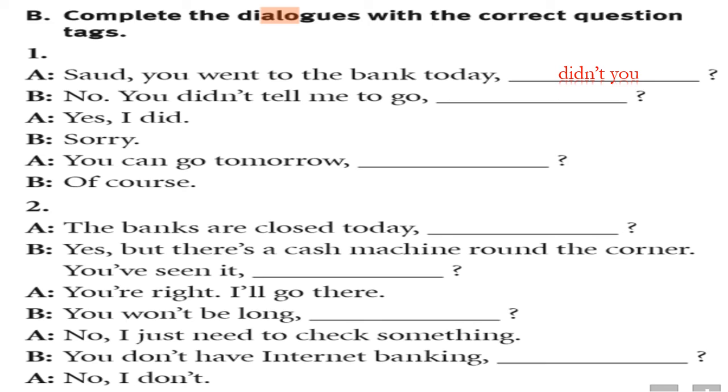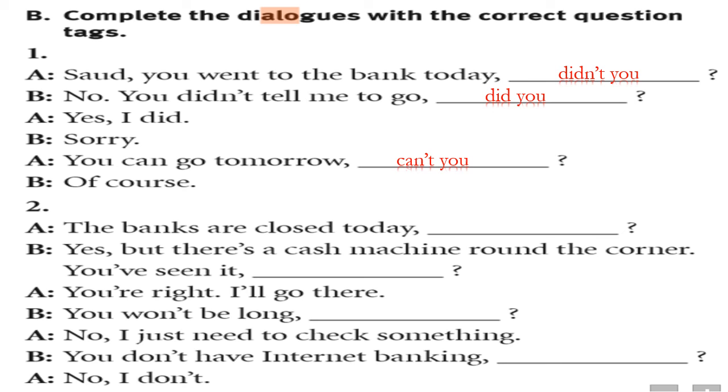Great. I think Ali said the correct answer. The correct answer is, did you? A. Yes, I did. B. Sorry. A. You can go tomorrow. The correct answer is, can't you?